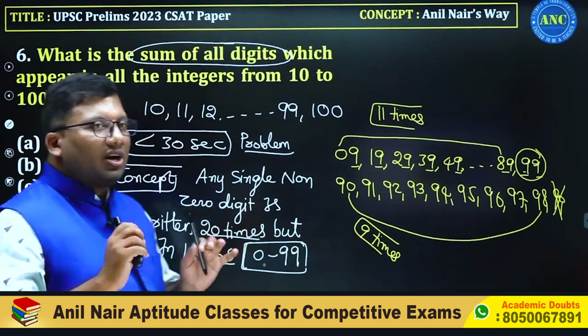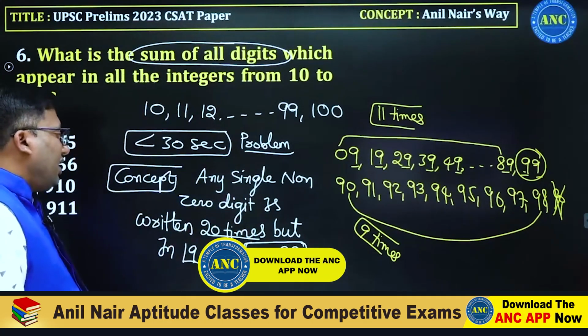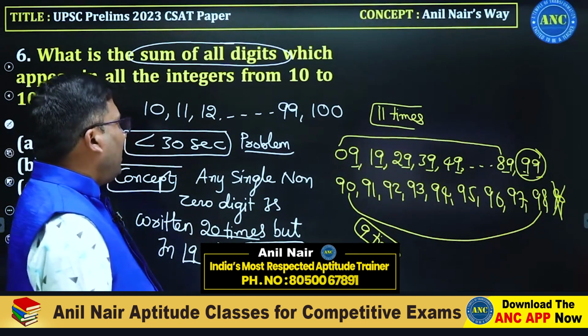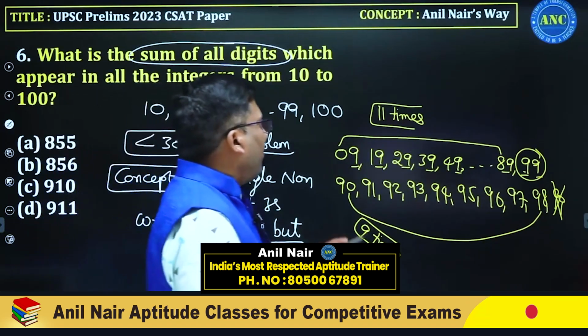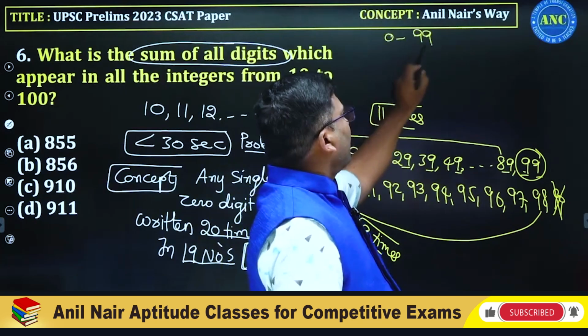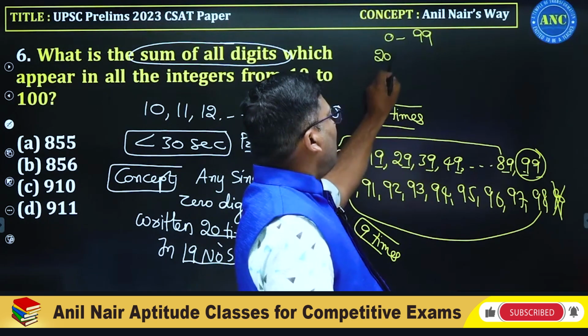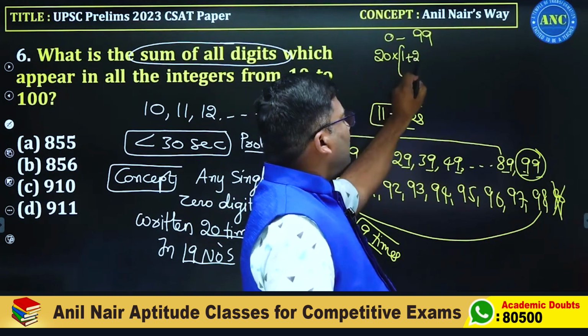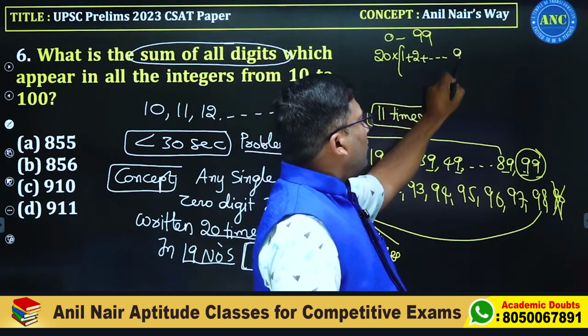Any single non-zero digit is written 20 times but in 19 numbers. That means when you are writing from 0 to 99, 1 is written 20 times, 2 is written 20 times, and so on up to 9.